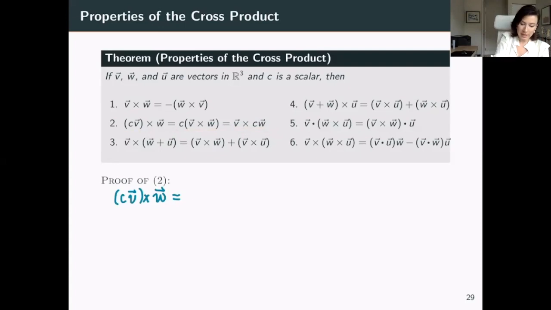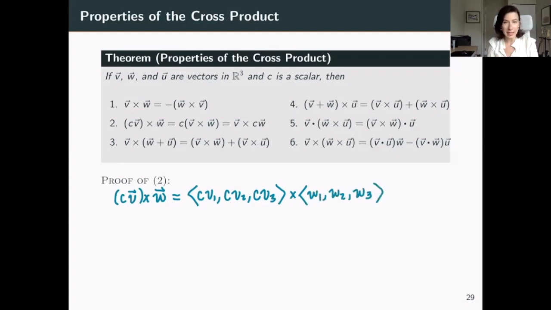In the first case, our vector CV will be CV1, CV2, CV3, because we know that these vectors have to be in R3 in order to define a cross product. Then we have that this is going to be crossed with W1, W2, W3.